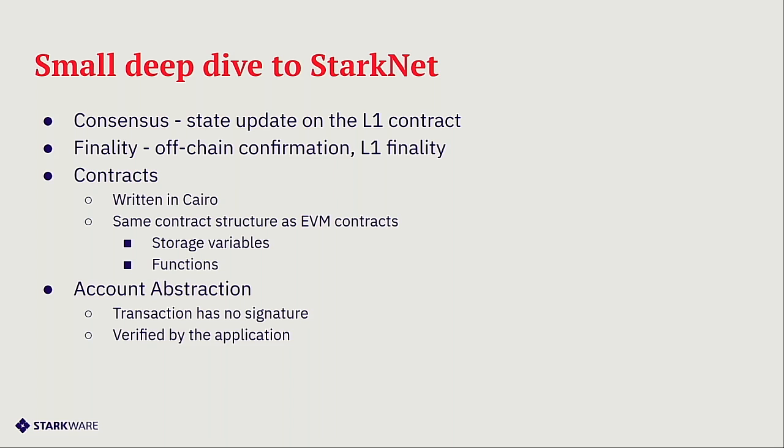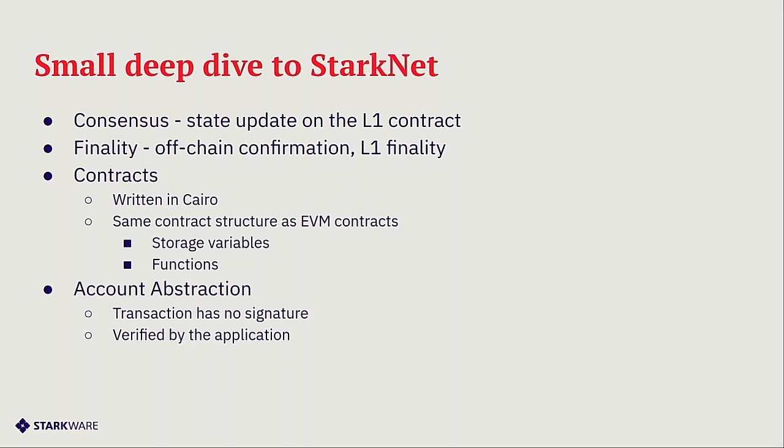But basically, when you look at the consensus mechanism of a layer 2, specifically ZK rollup or any rollup, what defines the consensus is the state which is committed on the L1 contract of the system, right? So when I do a state update on L1 and it is accepted because a valid proof was also verified on L1 and another list of properties was also verified, then we say that the system has updated to a new state.